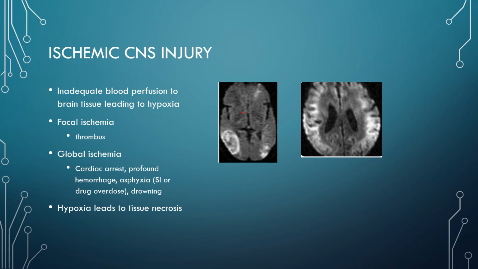And then the picture on the right where you have white bright spots all around the perimeter of the brain, that's a global ischemia. So I'm not sure what caused that in this particular patient, but we do see that with asphyxia pretty commonly and cardiac arrest. And then you guys know, because you've studied, hypoxia leads to cell death and tissue necrosis.